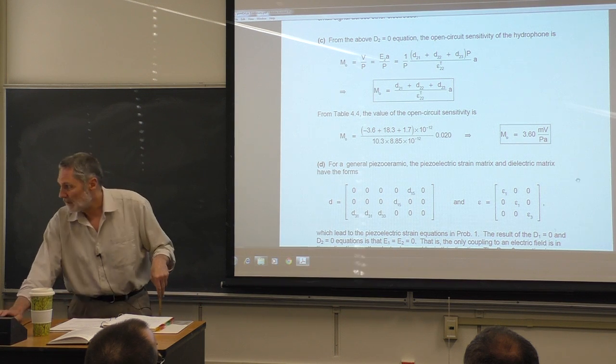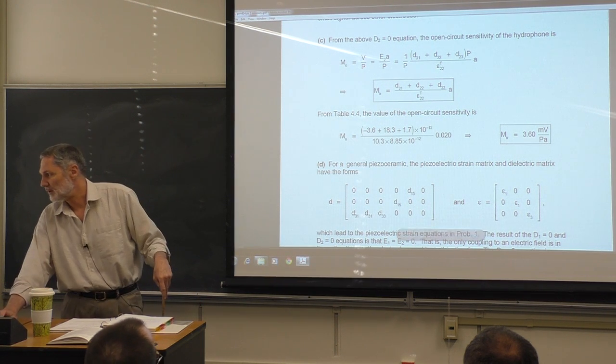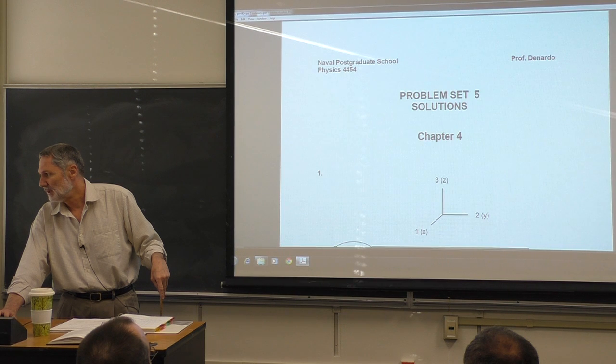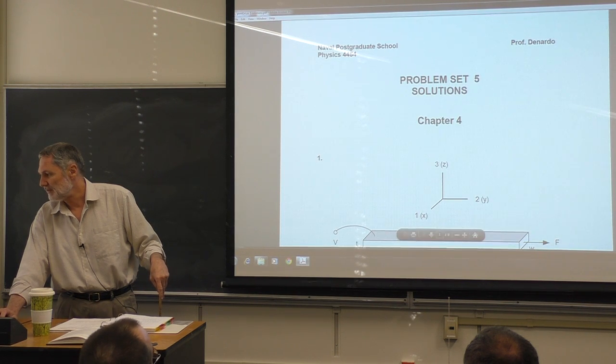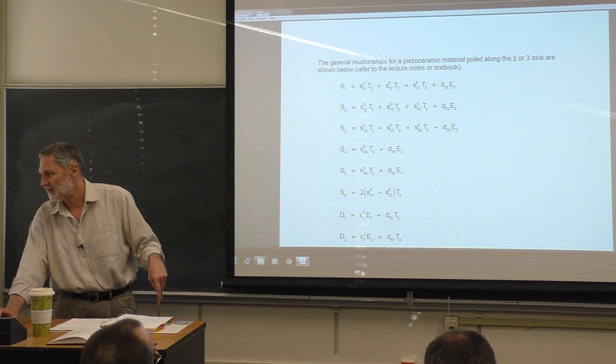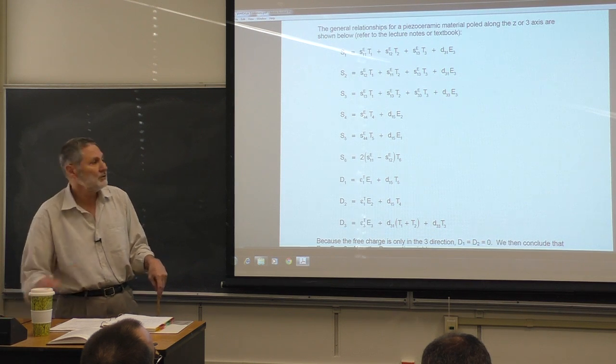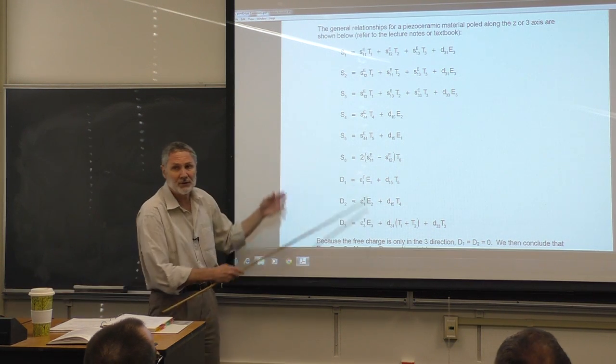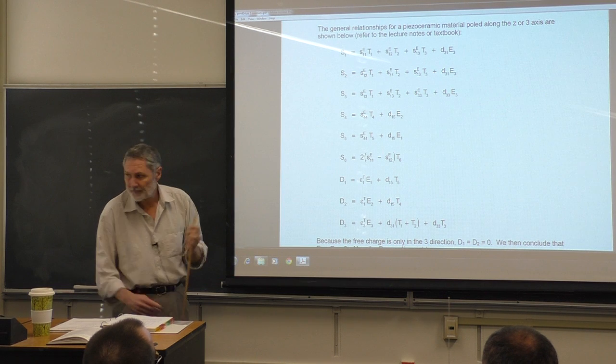And now we can look at what we did for problem 1. This problem set we keep going back to, that's what made me feel it wasn't that bad to write all these out here, because we keep using it in this problem set. So now we can use this because we have a piezoceramic.